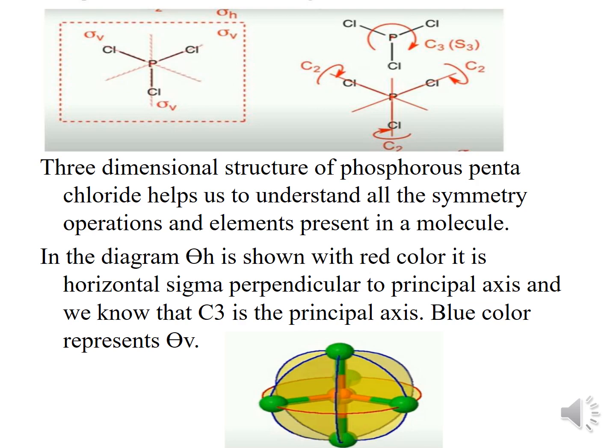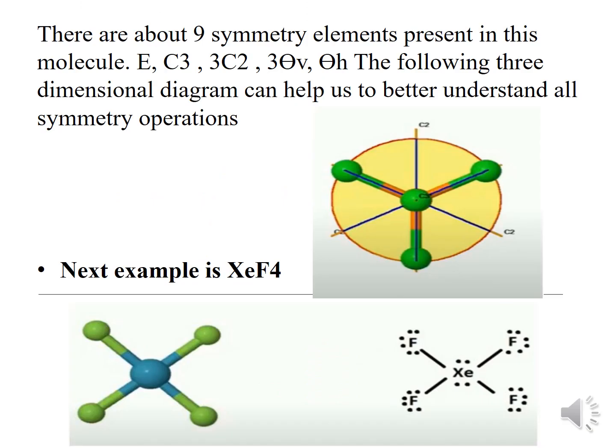Blue represents sigma v. The symmetry elements are: identity, C3, 3C2, 3 sigma v, sigma h. The following three-dimensional diagram can help us to better understand all the symmetry operations.